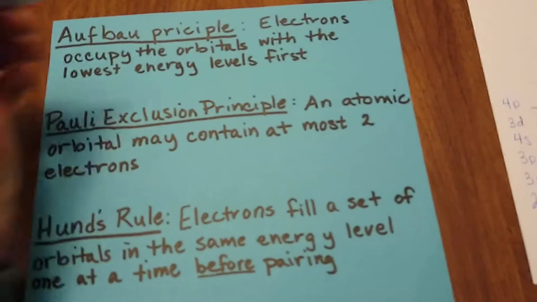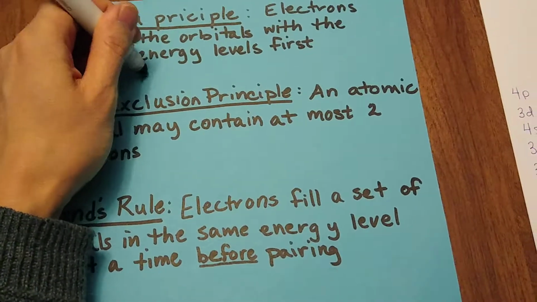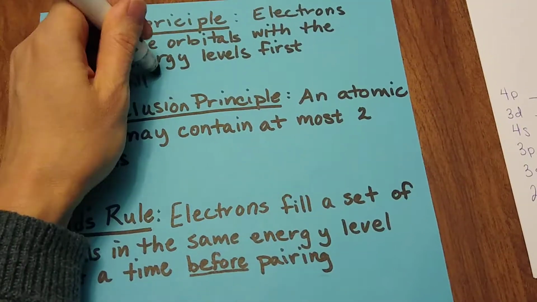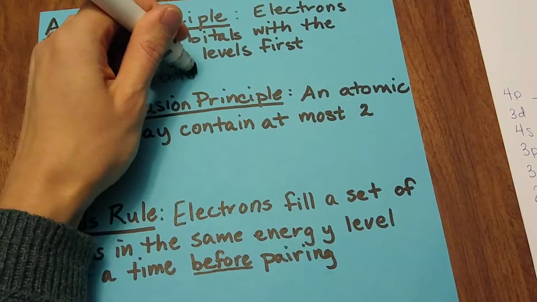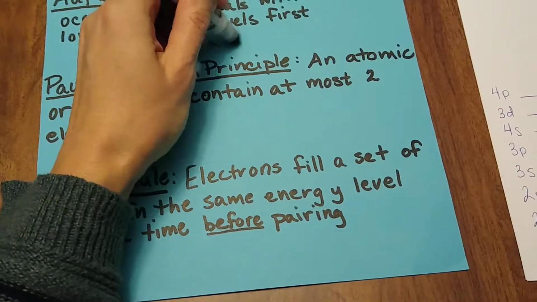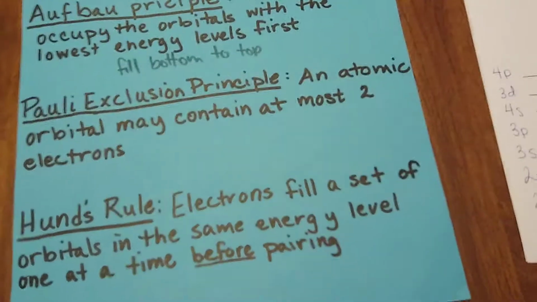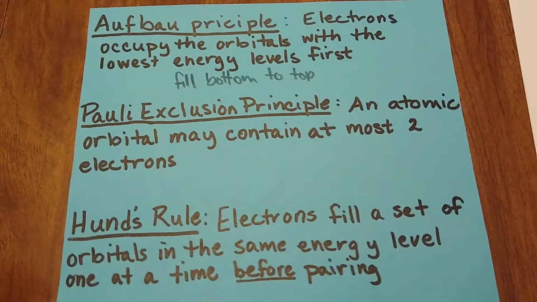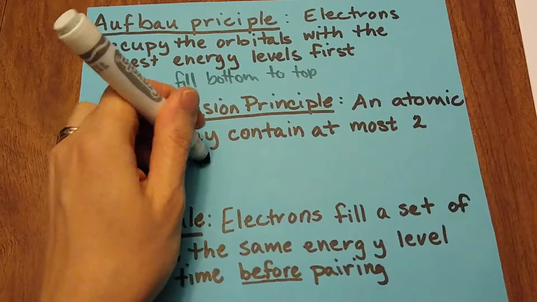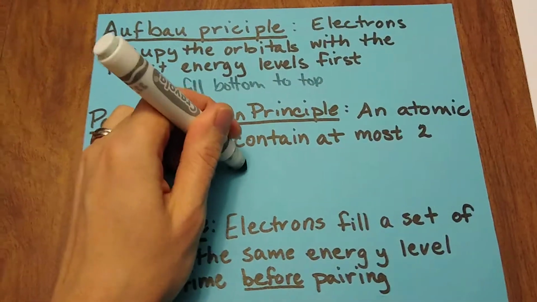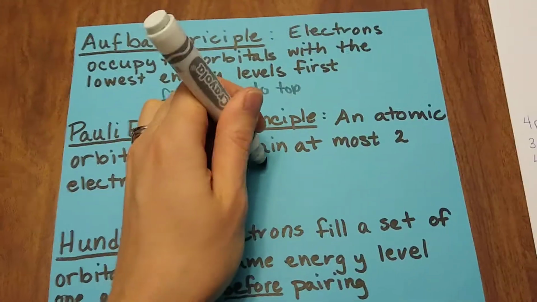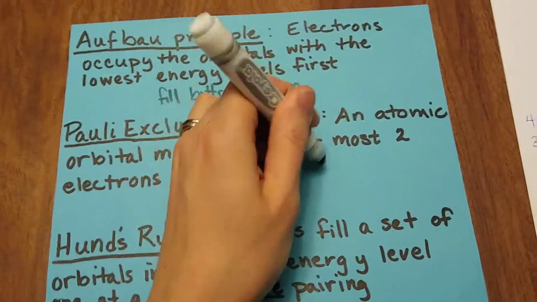Again, fill bottom to top. An atomic orbital may contain at most 2 electrons, and they must have opposite spins.